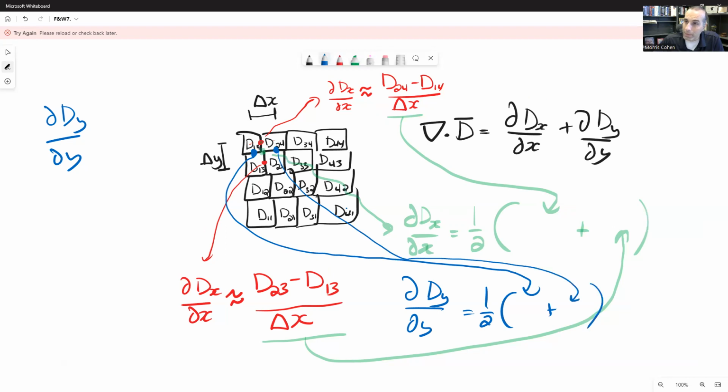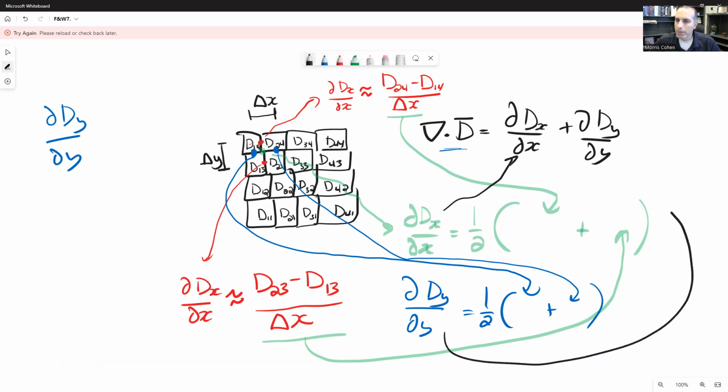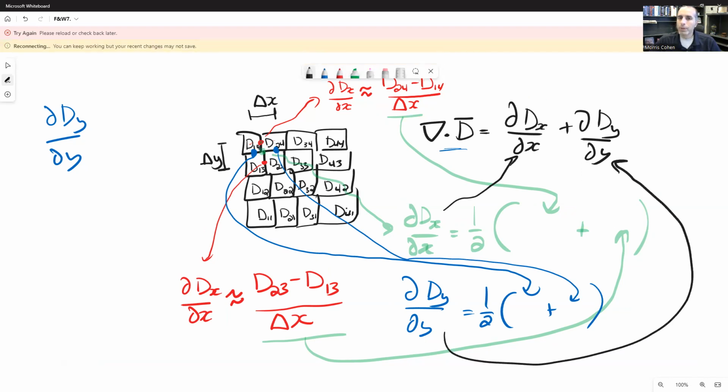Add those up and divide by 2 since we're taking the average, in which case our approximate divergence will just be the sum of these two, right? We've got an approximation for dDx/dx, and we've got an approximation for dDy/dy, and that's going to equal this. This will come here, and this one will roll around there. And now we've got a pretty good approximation for our divergence of D, right?